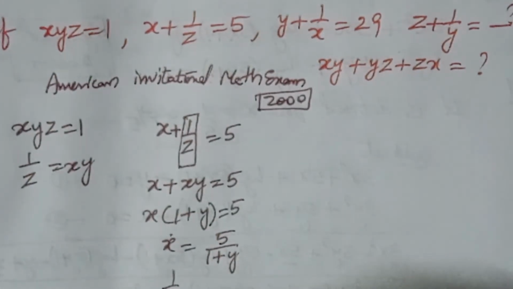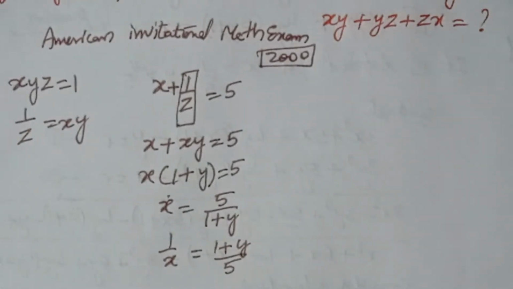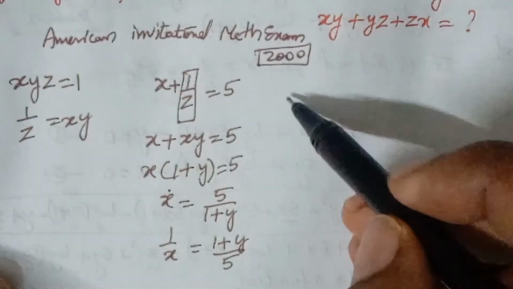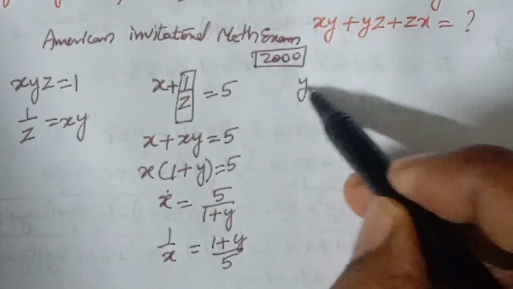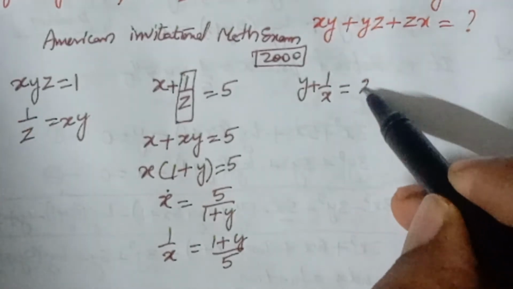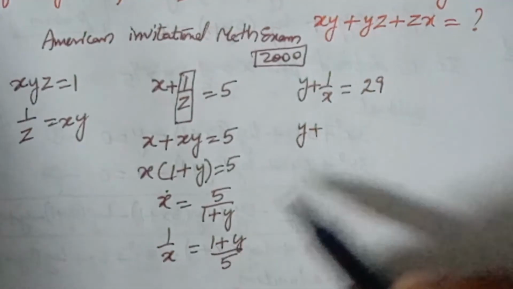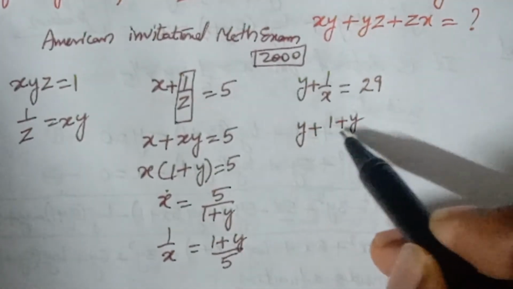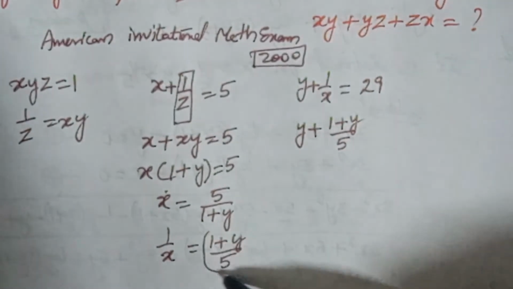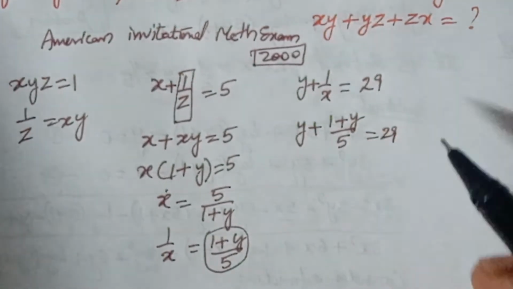So 1 by x is equal to 1 plus y over 5. Now replace this 1 by x in the second equation, y plus 1 by x is equal to 29. Substituting, y plus 1 plus y by 5 is equal to 29.